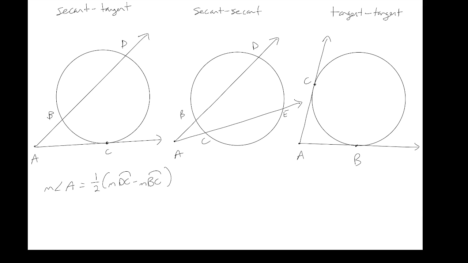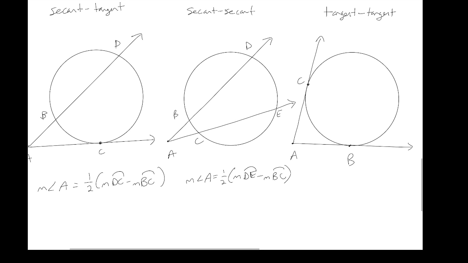In other words, it's 1/2 of the outer minus the inner. Same deal, measure of angle A for secant, secant. It's going to be 1/2 of the measure of DE minus BC, the outer minus the inner.